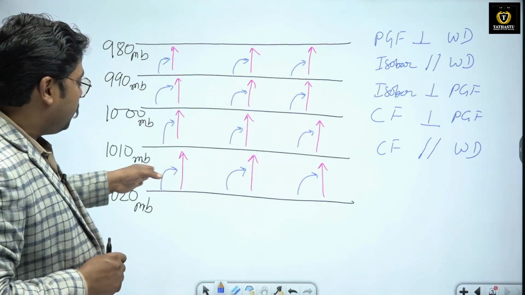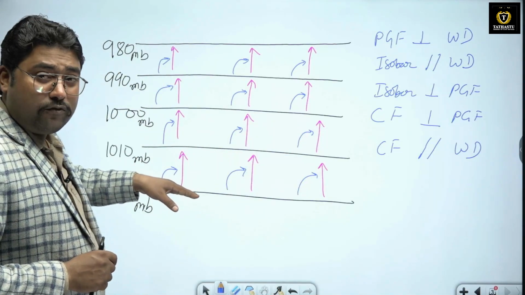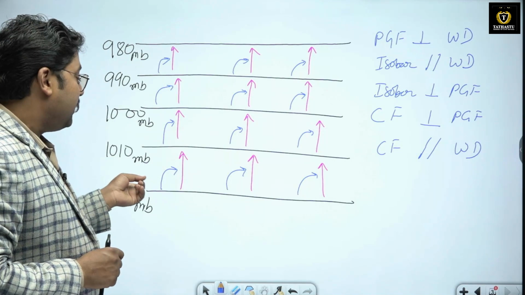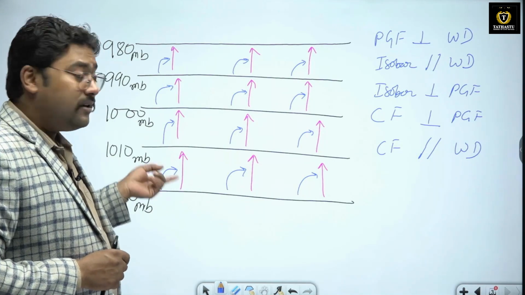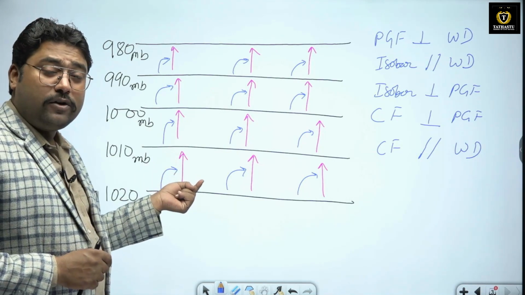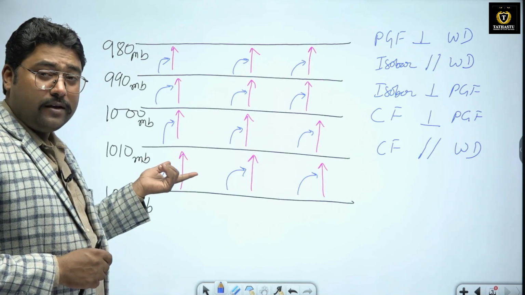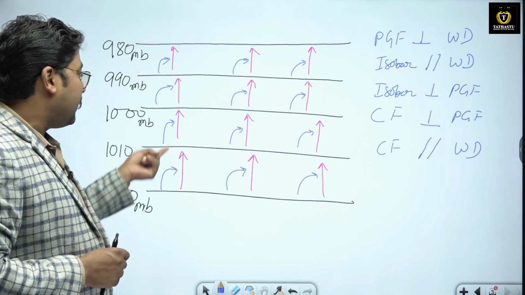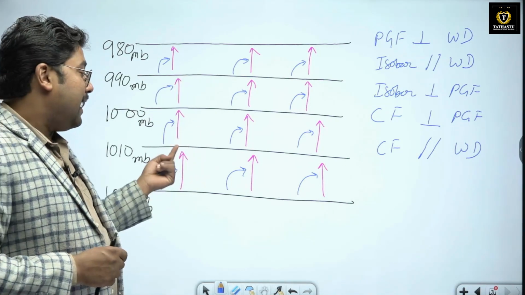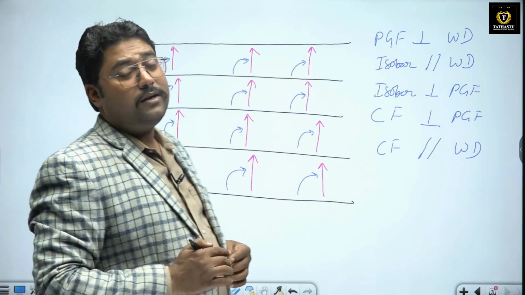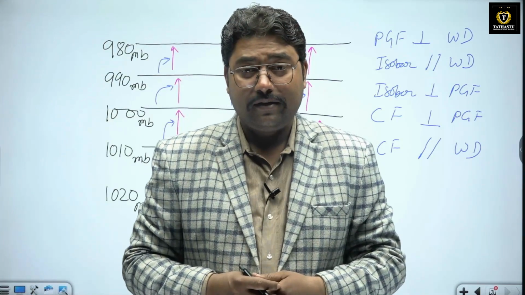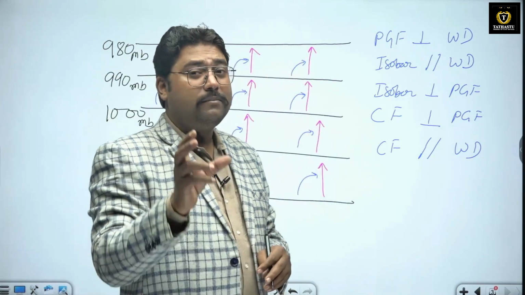So Coriolis force is going to be applied perpendicular to pressure gradient and parallel to wind direction. Wind direction will be perpendicular to the pressure gradient and parallel to isobars. Isobar will be perpendicular to the pressure gradient. So always remember this part.